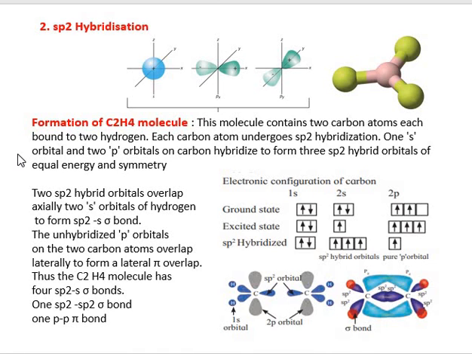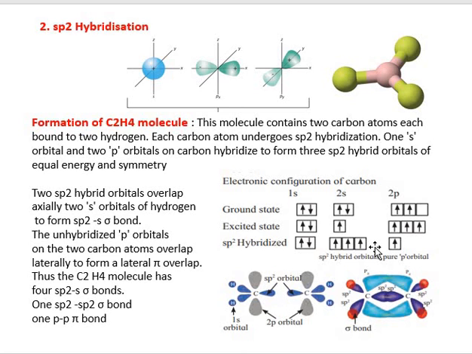And what will happen next? One sp2 of this carbon and one sp2 of this carbon will overlap to give you a sigma covalent bond, and one unhybridized p orbital of this carbon and one of this carbon will give you the pi bond.